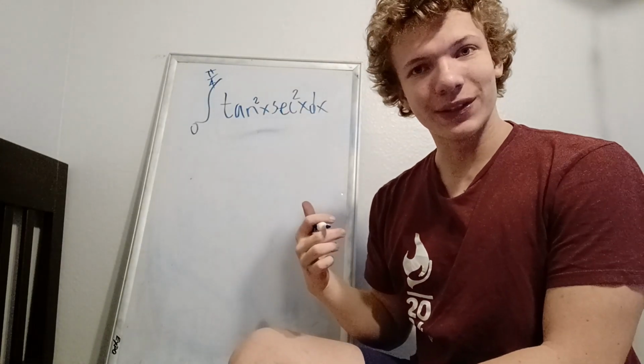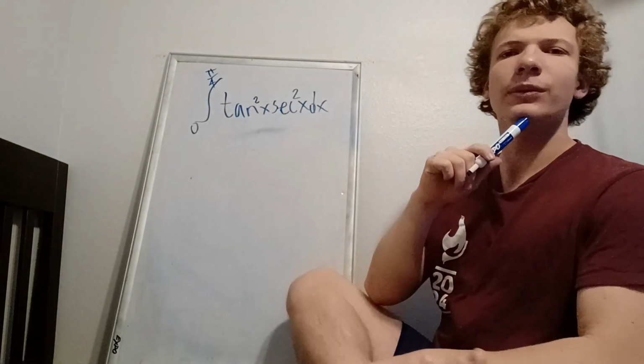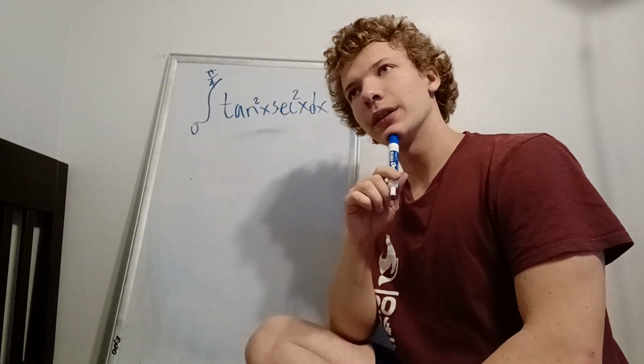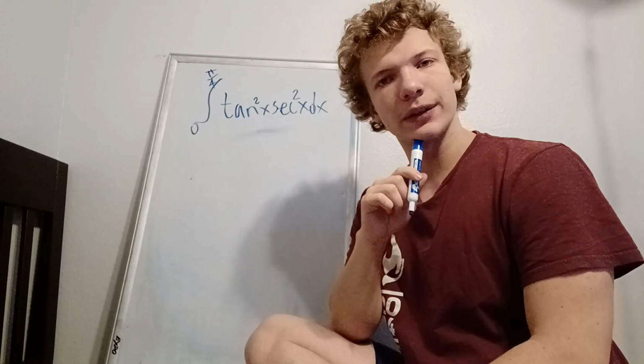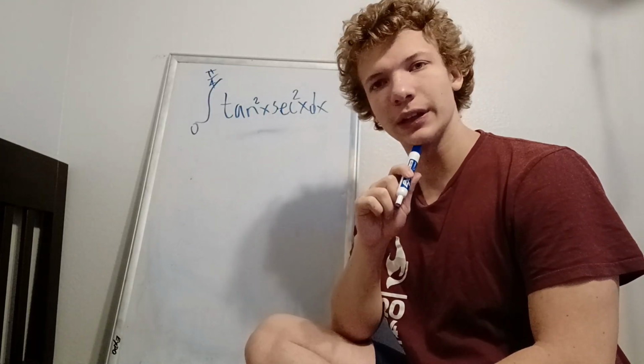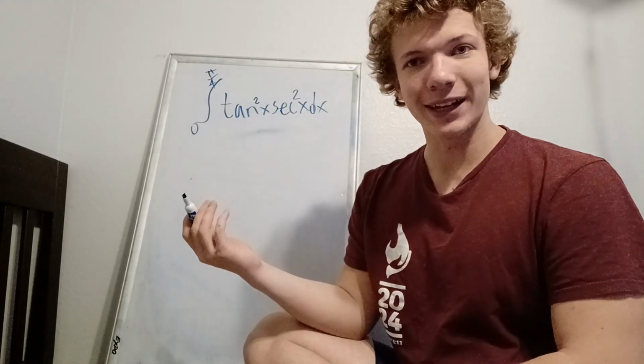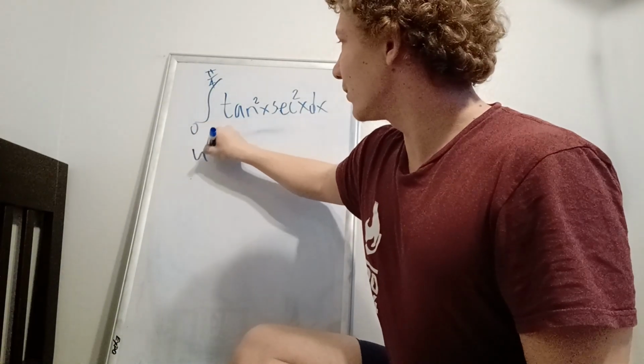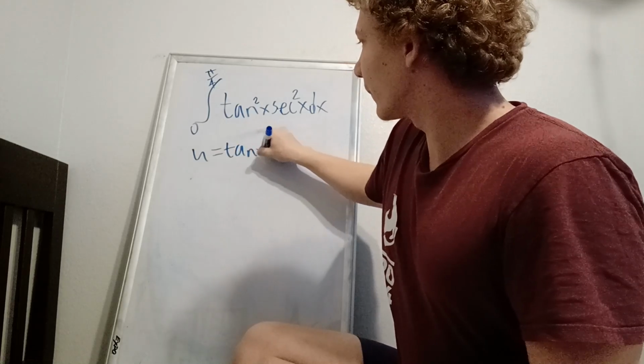Well, how the heck do we do this now? Okay, well, maybe we choose u equals tangent squared x this time. No, that'll still have a tangent x in our... that's no good. Well, we don't have to actually change our u at all from the last question. We can just keep it as u equals tangent x.